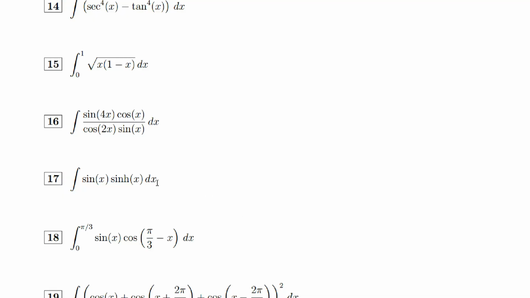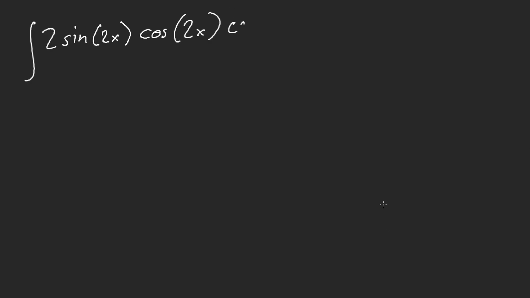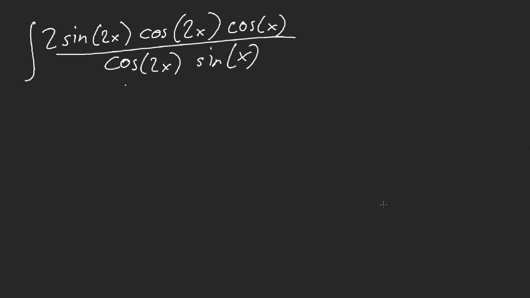And I have cosine of x on top, and cosine 2x, and sine of x at the bottom. This cancels out, and this is eventually going to cancel out with this, because this is 2 cosine of x, but this part here canceled with that.